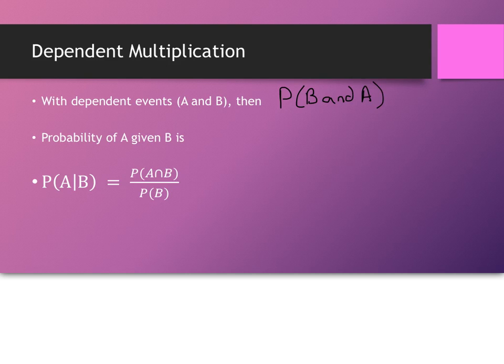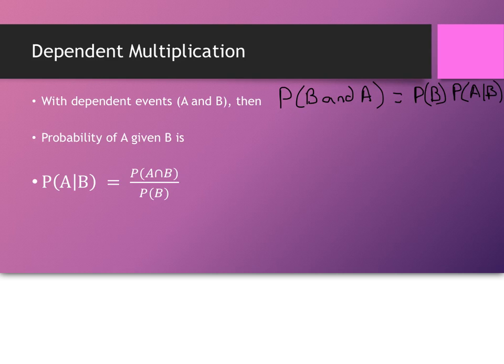Think about this as getting like black on the roulette wheel, then red on the roulette wheel. So what you'd have to do is you'd have to say, well, we take the probability of getting B. But now all of a sudden, my chances on the second spin have changed. If this was dependent, the chances on the second spin would have changed. So we have to take the probability of getting A on that second spin, given that I got B on the first.